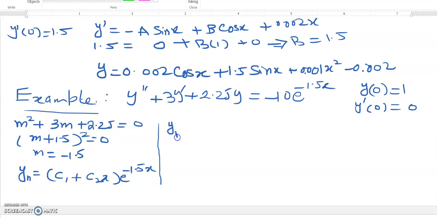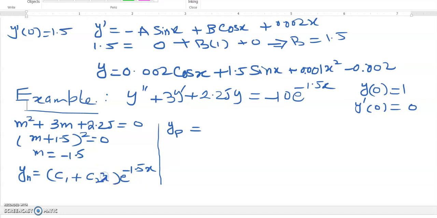For the particular solution, we can see that this function r(x) also has an exponential part with the same power minus 1.5x, which was the root of the homogeneous solution.